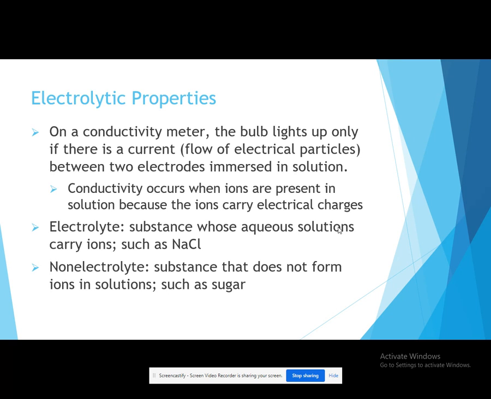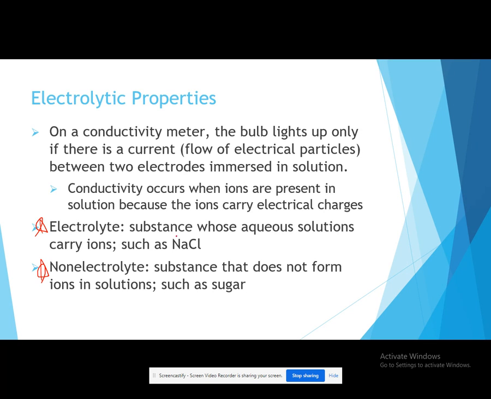So conductivity occurs because there are ions present in that solution, and those ions carry a positive electrical charge, if you're a cation, or a negative one, if you're an anion. This brings us to two vocab words, electrolyte and non-electrolyte. An electrolyte is a substance whose aqueous solutions carry ions.